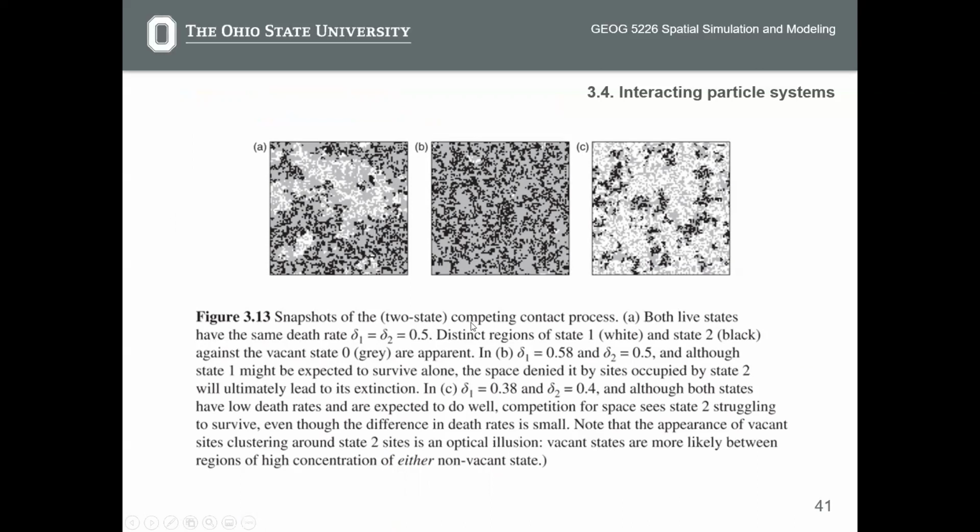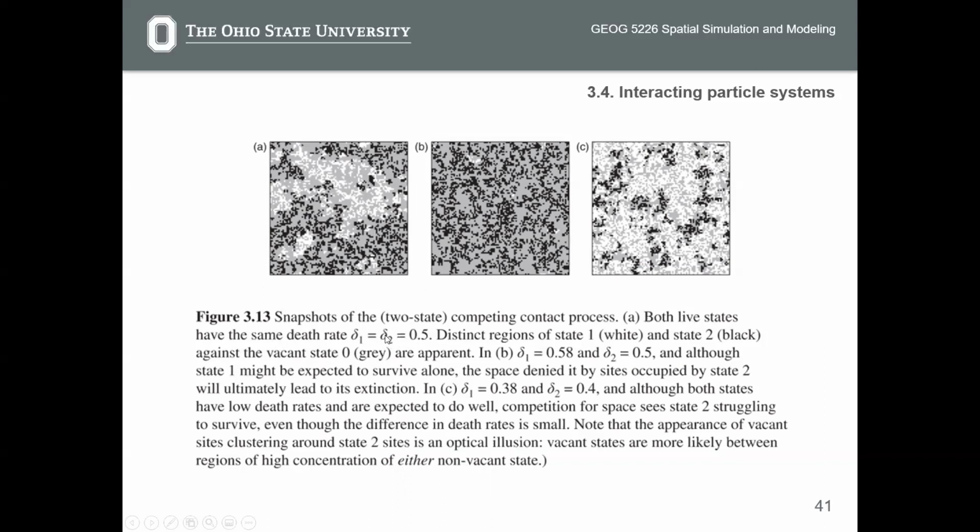Snapshots of the two-state competing contact process. Two-state means 1 and 2. Of course, there is also a vacancy, which is 0. So in figure A, both live states have the same death rate. Delta 1 equals delta 2 equals 0.5. So this is the only scenario where they will coexist.